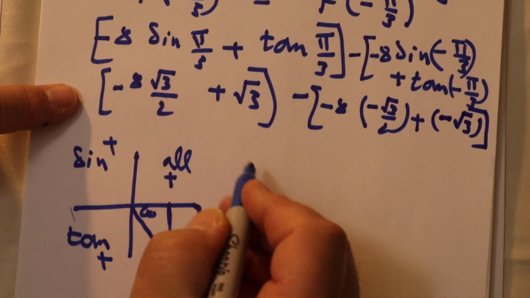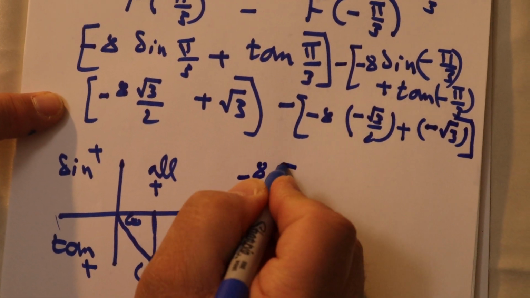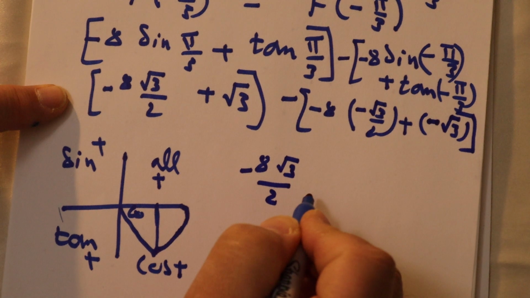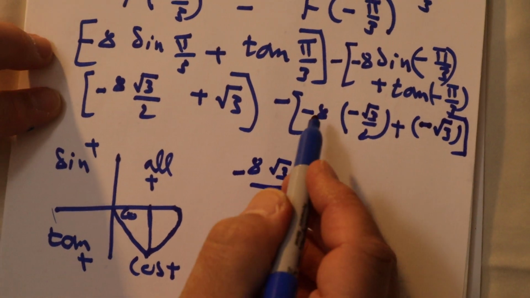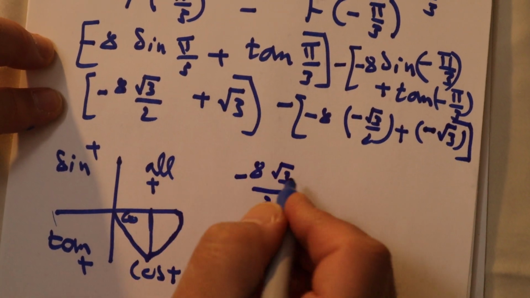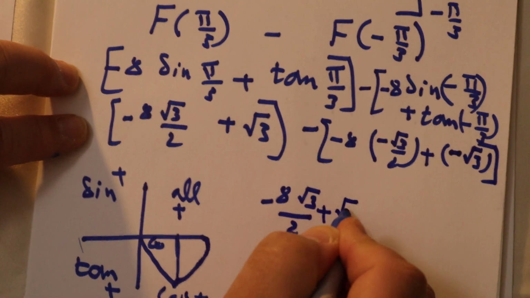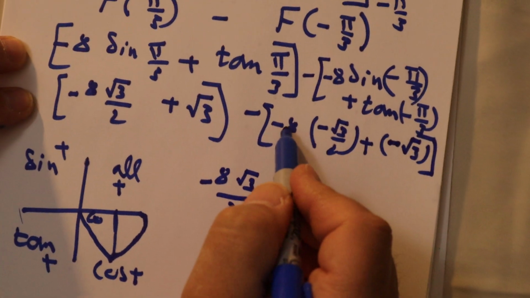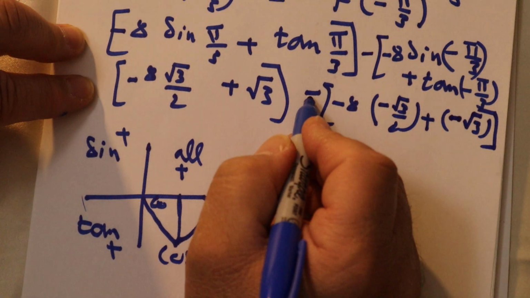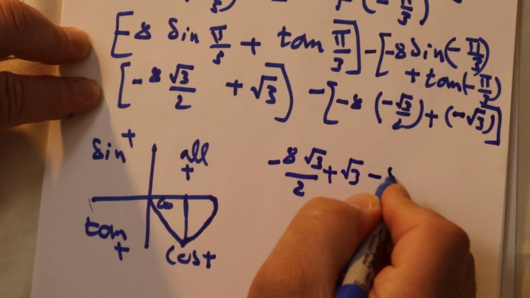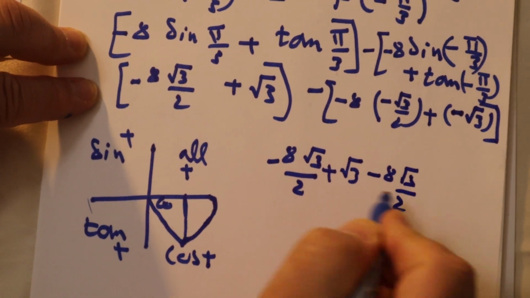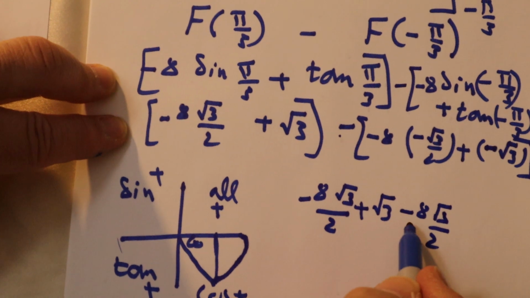Finalize that. So negative 8 square root of 3 over 2, and you have plus the square root of 3. And here, negative times negative is positive, and then times negative will be negative 8 square root of 3 over 2. Negative, negative, negative is negative.